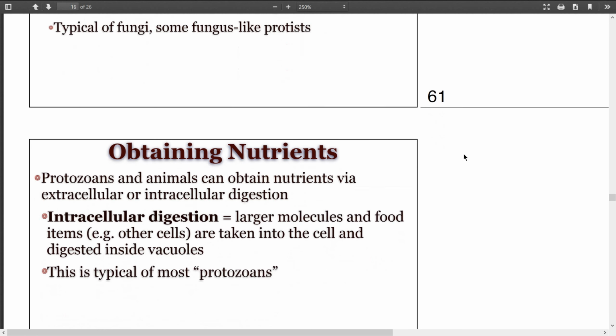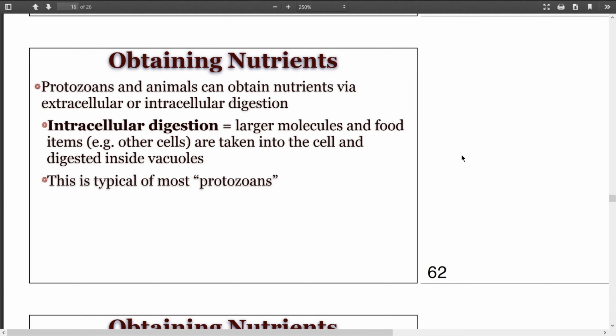All right. In contrast to extracellular digestion, intracellular digestion is where large molecules and food particles, including things like other cells and fragments of cells and so on, are taken into the cell and digested inside the cell, inside specialized vacuoles, digestive vacuoles essentially. This is how most of the critters we generally think of as protozoans do their digestion.